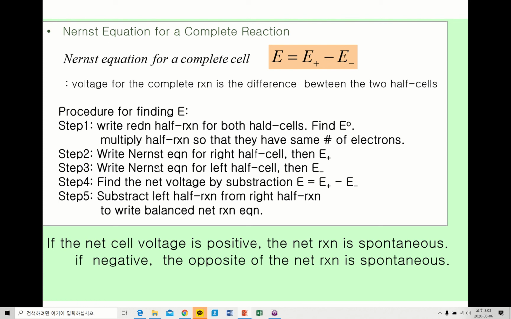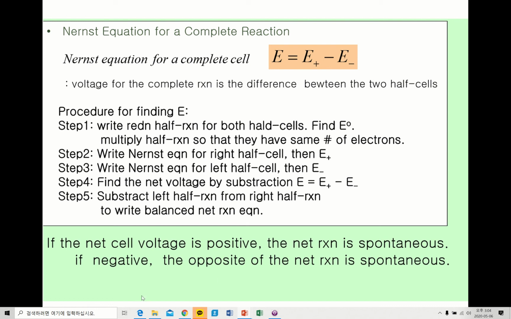Write the Nernst equation for the right half cell, this one is E plus. And then write the Nernst equation for the left half cell, which is E minus. Important is that you write the reaction in reduction form.